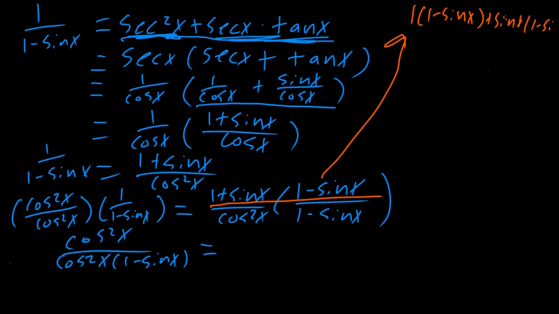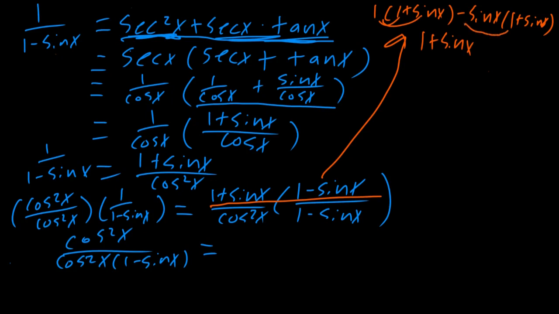Running out of space. Rewrite this. 1 times 1 plus sine of x minus sine of x times 1 plus sine of x. 1 times 1 is just 1. 1 times sine of x is just sine of x.